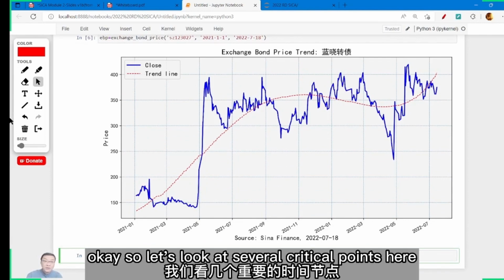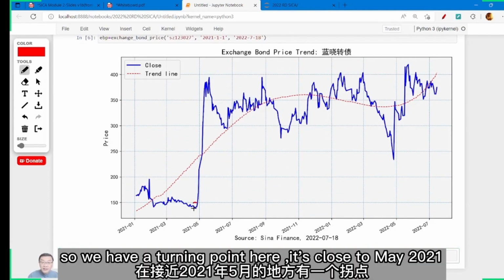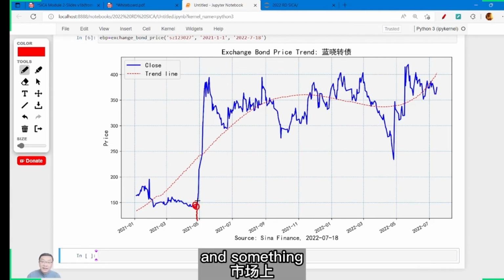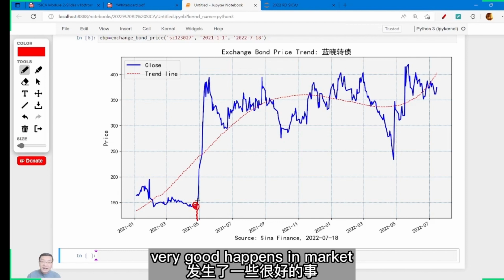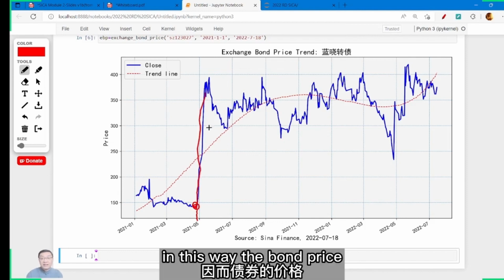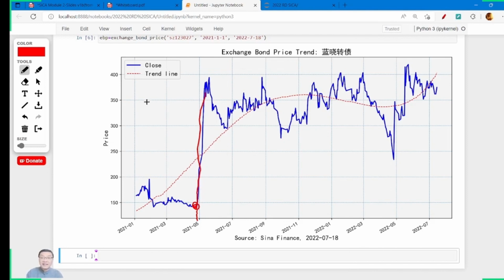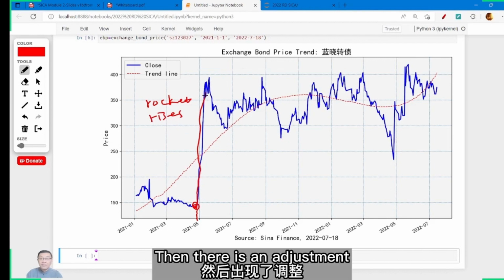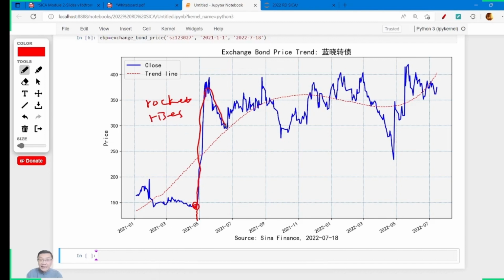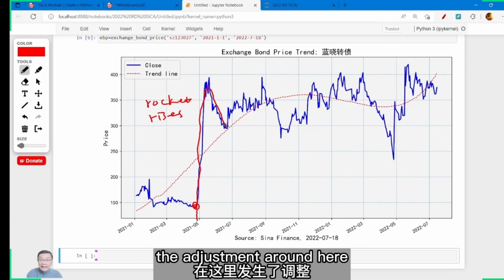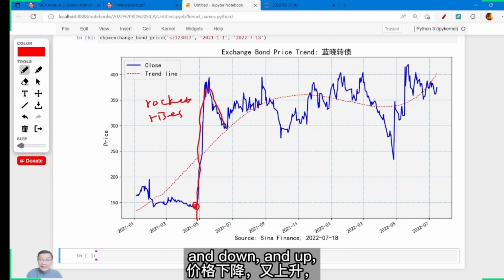Okay, so let's look at several critical points here. So we have a turning point here. It's close to May 2021, and something very good happens in the market. In this way, the bond price goes up like a rocket. Then there is an adjustment, but now down. So it's an adjustment around here, and down and up.